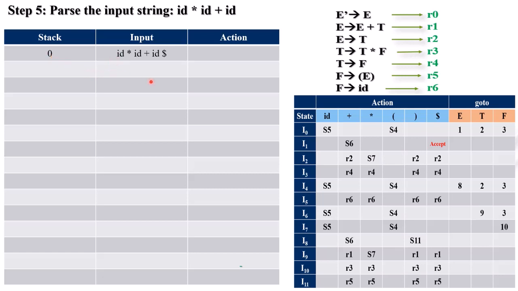So we check state 0 and id. What is there? Shift operation, S5. So in action we write shift. First we shift id, so 0 id, and S5 is there, so after id we write 5.